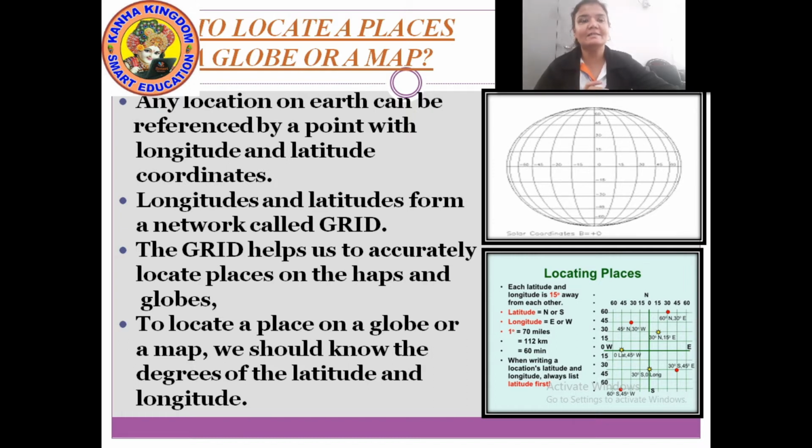The small squares which you see on the globe are because of the vertical longitudes and horizontal latitudes. When they coordinate with each other, they form a network, and that network is known as a grid.